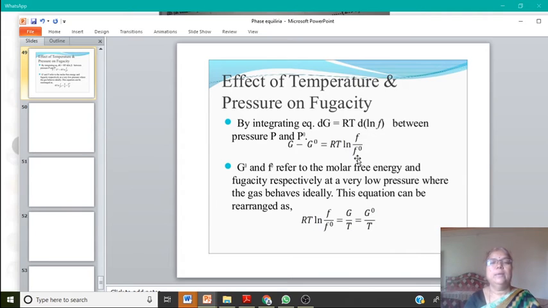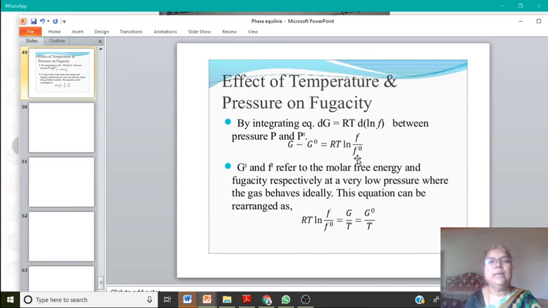And here the scientist Lewis introduced the concept of fugacity, and fugacity is the escaping tendency. Suppose consider water taken in a beaker which is kept at a constant temperature and pressure condition. Then what happens?